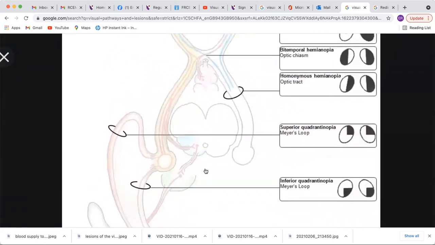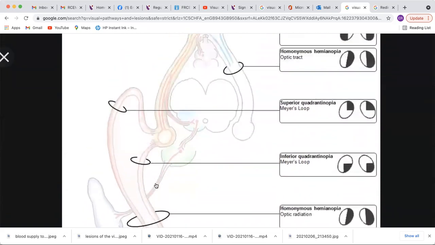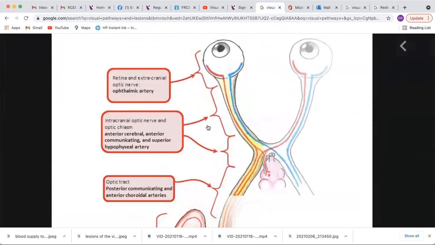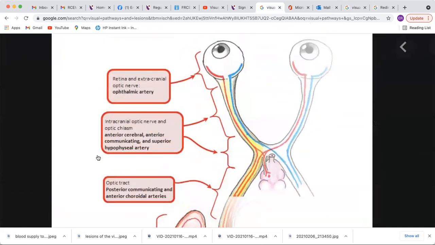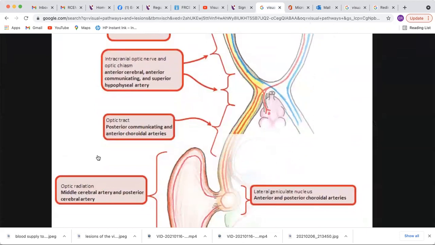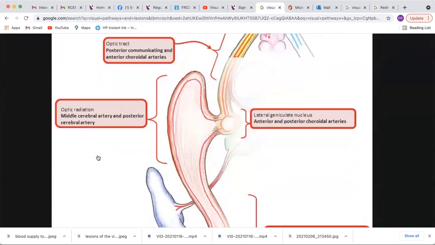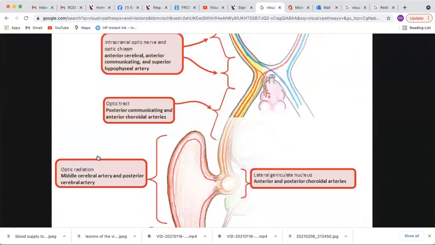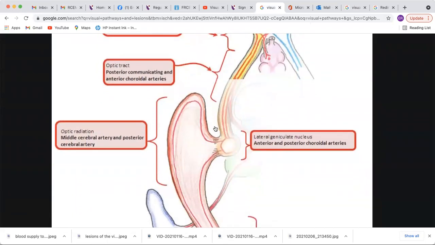So what are the blood supplies for the optic tract and the optic radiation? Let's find out. This is a very good diagram from Deranged Physiology, showing the blood supply of the visual pathway. The optic tract is supplied by the posterior communicating and anterior choroidal arteries.